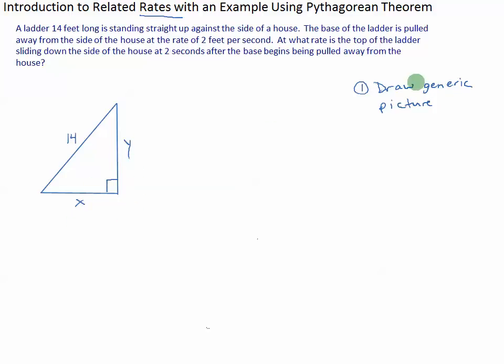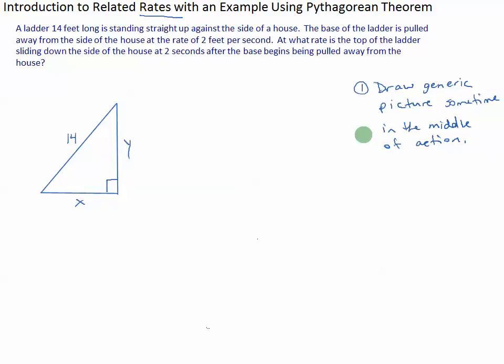So draw a generic picture sometime in the middle of the action. So in this case, the ladder sliding down the side of the house. It starts completely vertical, completely up against the house, and it ends on the ground. So my picture here is sometime in between that. Okay, so draw this picture.